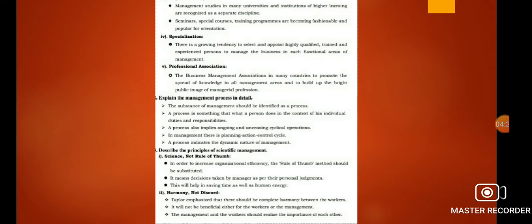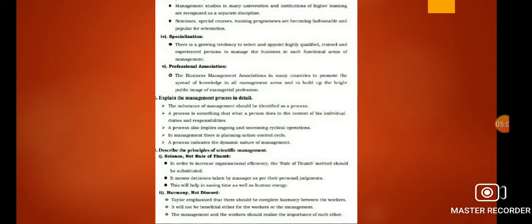In order to increase organizational efficiency, the rule of thumb method should be substituted. Rule of thumb means decisions taken by managers as per their personal judgments. This will help in saving time as well as human energy. It is known as the science, not rule of thumb. Then second one, harmony, not discord.